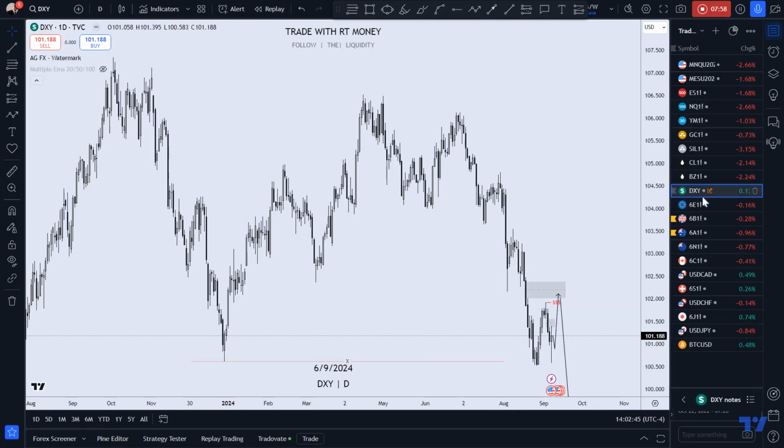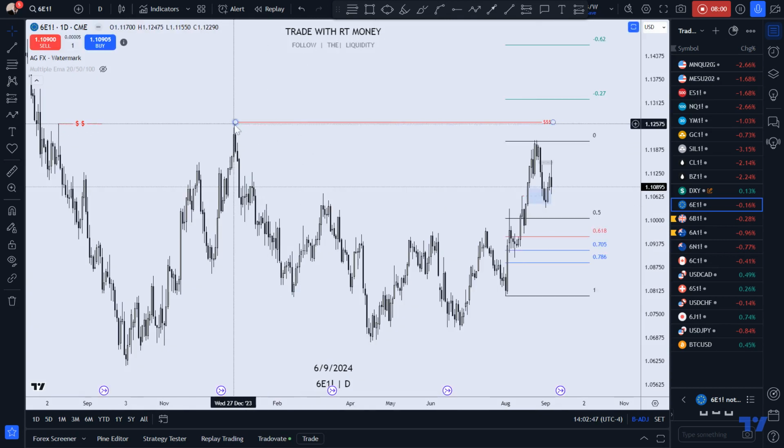We haven't done that with the high because this is the inverse of the U.S. dollar index. So I believe that target is still on my target list to be hit. I hope that makes sense.